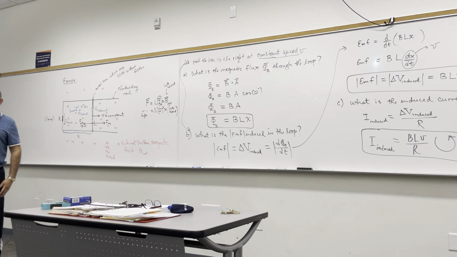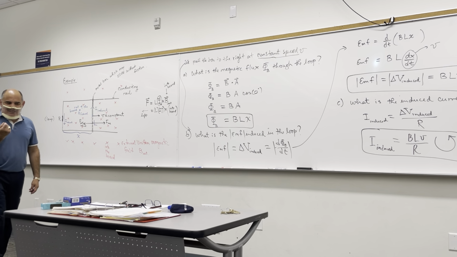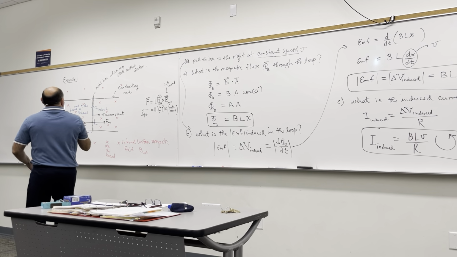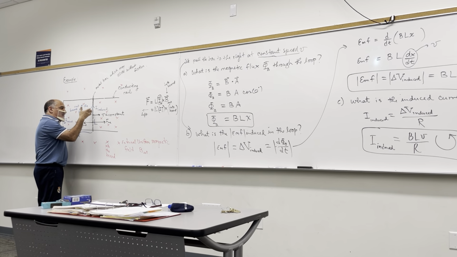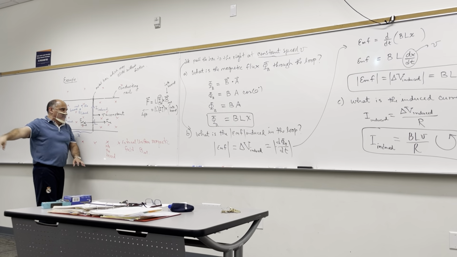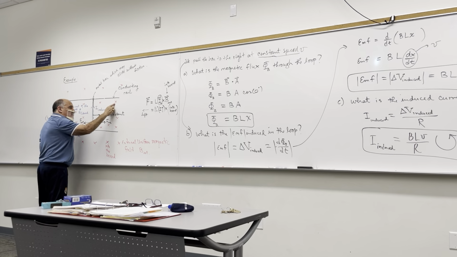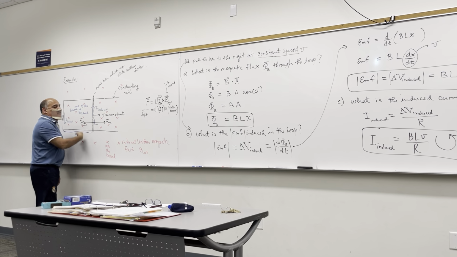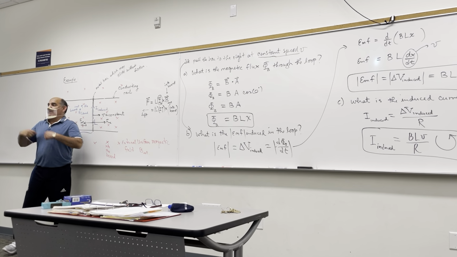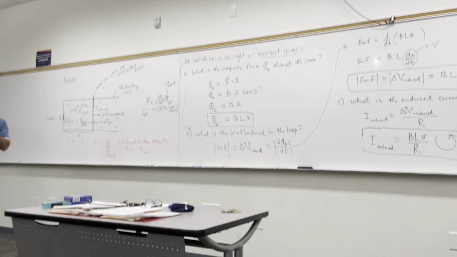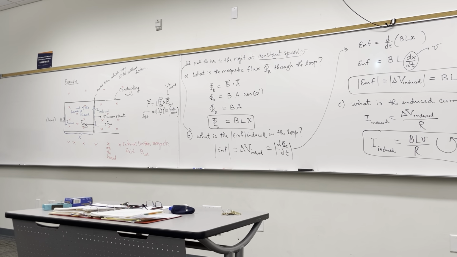The loop can talk to me and tell me, hey, stop. So how do I get it to stop? We make a current in the bar that he's pulling, and that current interacting with the external magnetic field that's already there results in a force to the left, to make it difficult for me to pull, to oppose the change that I'm causing to the flux. Isn't that cute?